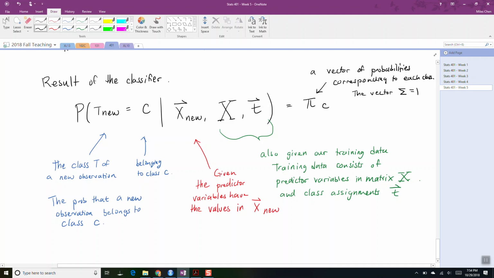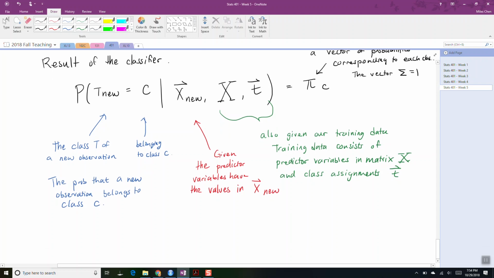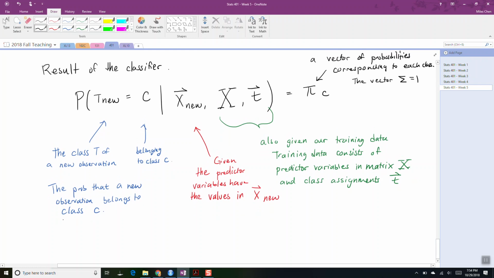So if there's 3 classes, this vector pi c will be like 0.6, 0.3, 0.1 or something. 60% class 1, 30% class 2, 10% class 3. So maybe I'll just say the sum of the pi classes from c equals 1 to k will equal 1.